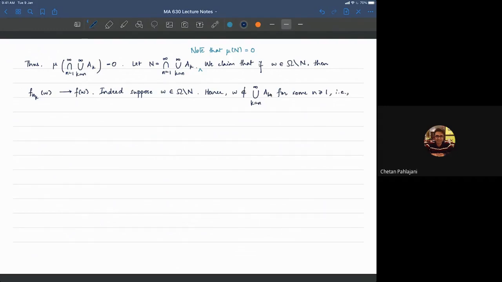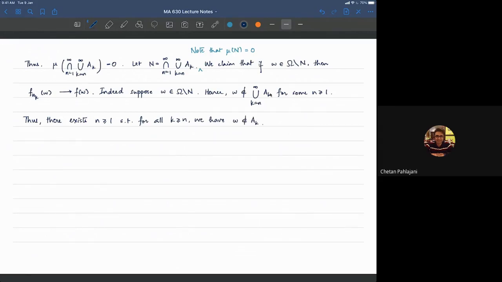This implies, thus, there exists n greater than or equal to 1 such that for all k greater than or equal to n, we have omega not an element of A_k.